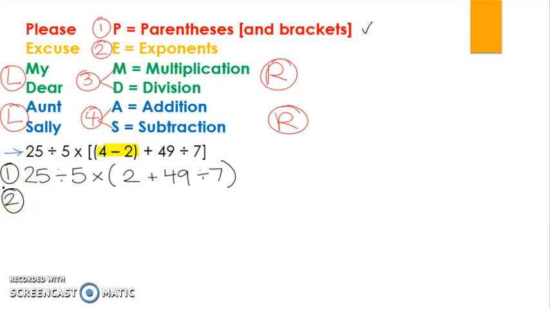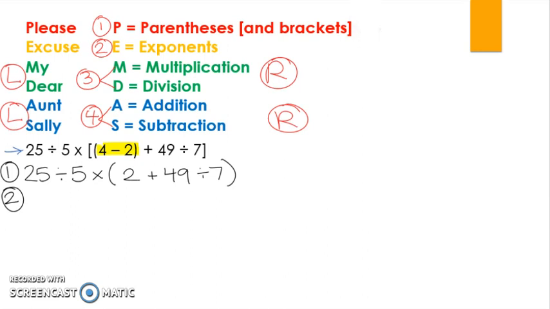Do we have parentheses anymore? Yes, we do. So we need to solve this expression. But there are 3 operations within the parentheses. How do we decide which one to do first? We follow the order of operations. So inside, do we have parentheses inside the parentheses?